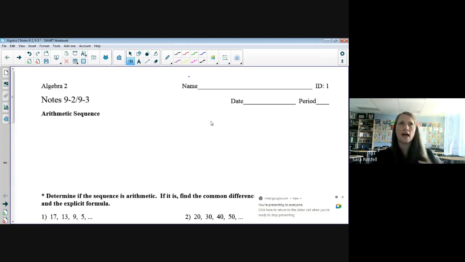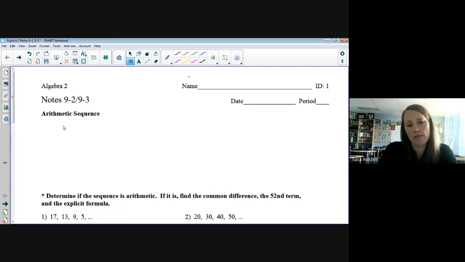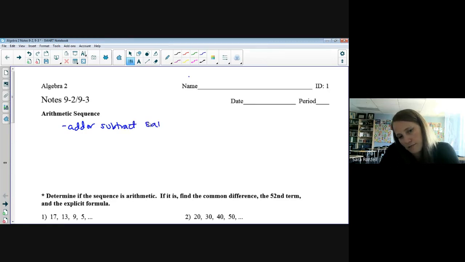But these are two different types of sequences. We've actually already done one of each. We just haven't named it by the name. An arithmetic sequence is a sequence that increases by the same amount each time. So you're either adding the same number or you're subtracting the same number each time. So that's arithmetic.